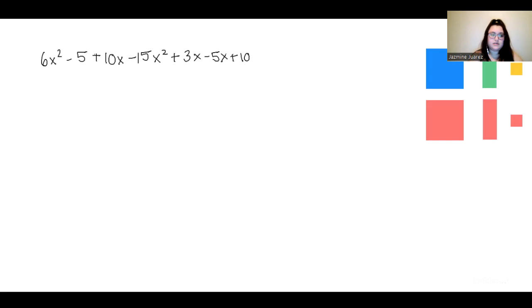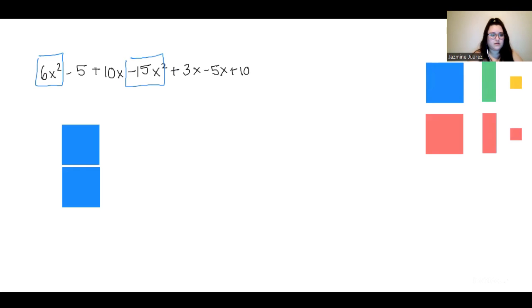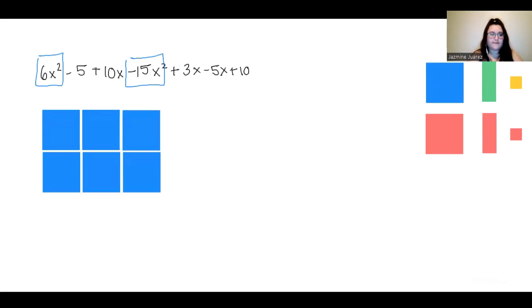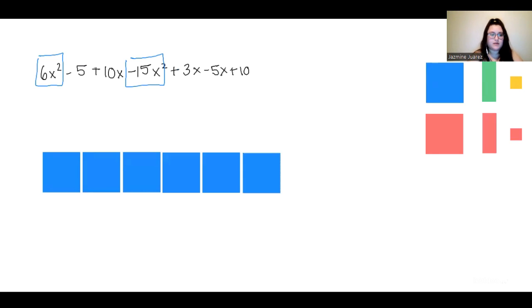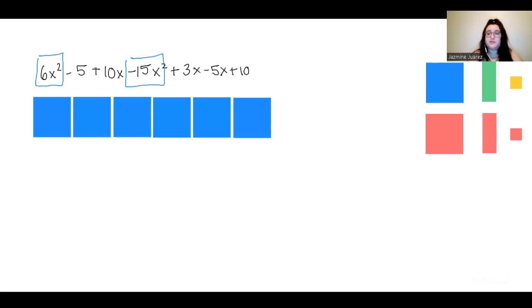So first, let's do it in blue. I have these terms right here that are x squareds. So I'm going to take my blocks and represent those, or my tiles. 4, 6 tiles. Let me make them into a row.